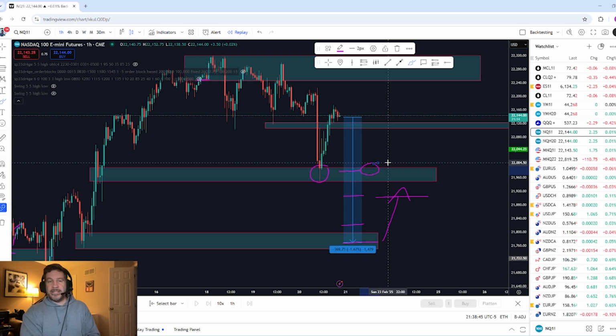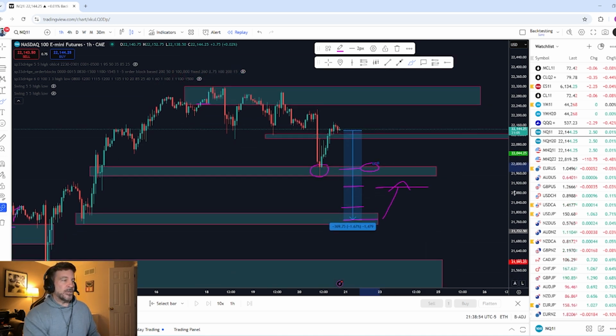And that's how I like to trade both prop firms and my personal capital. Now, on my personal capital, I'll even go as far as looking down to the next zone down here, just in case we get some big event that takes us all the way down here. I leave myself plenty of room.